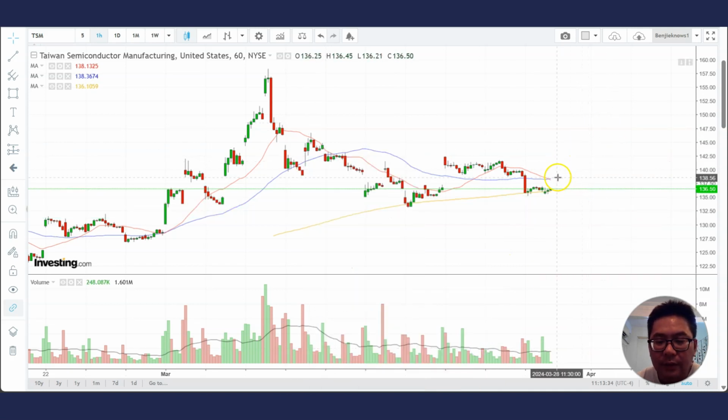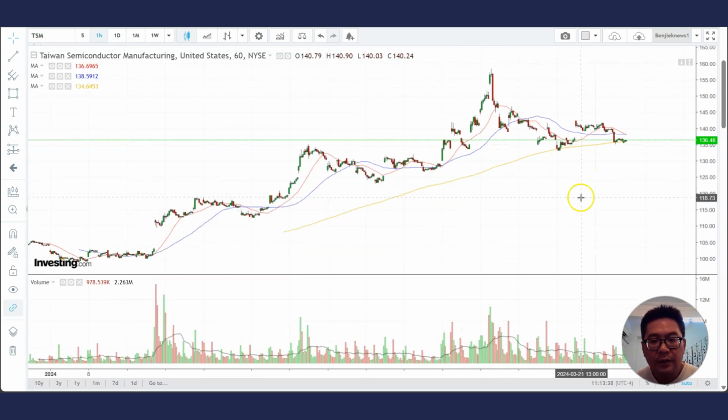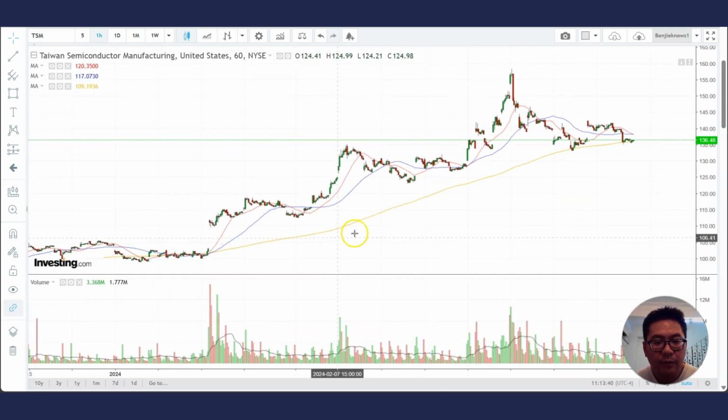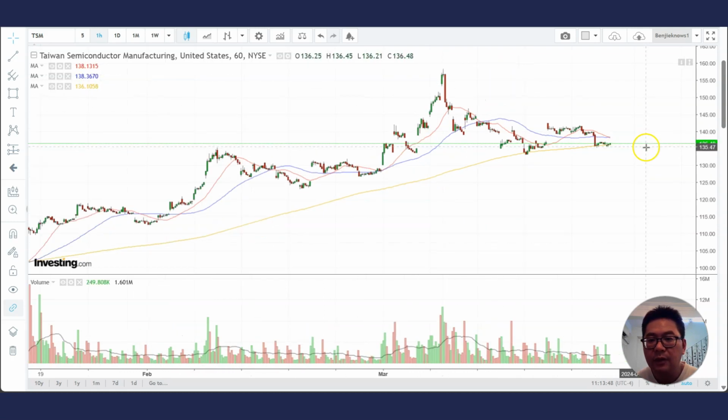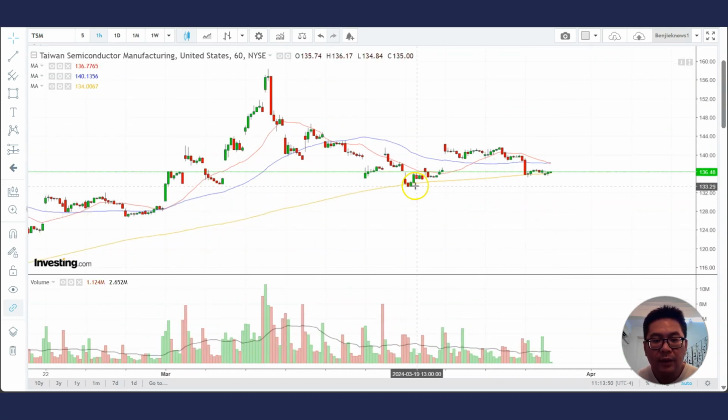It is below the 20 MA and 50 MA, and this stock has been trading above the 60-minute 200 MA for a long time, and when it was above the 200 MA, it was rising and rising very well, and the 200 MA actually acted as a support as well, which you can see when it declined. It finds support, moves up, and at this moment it is trying to find support here.